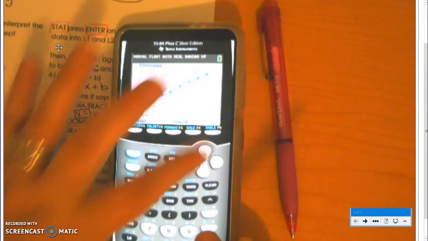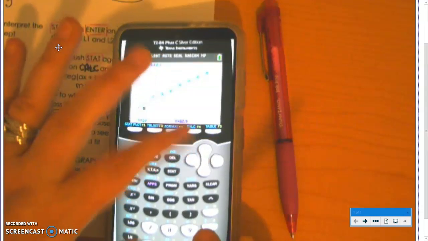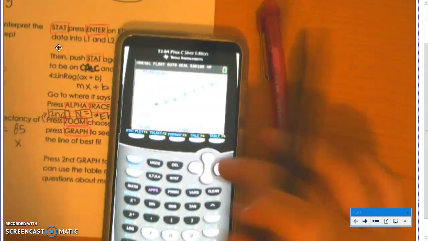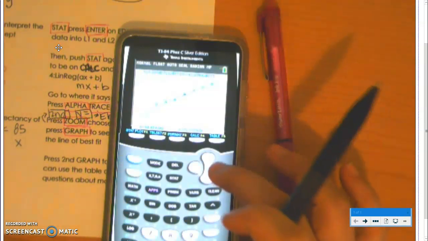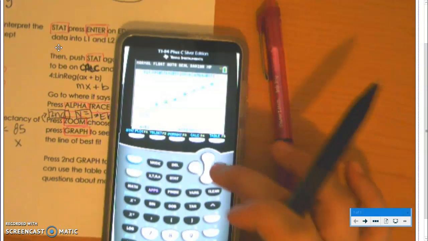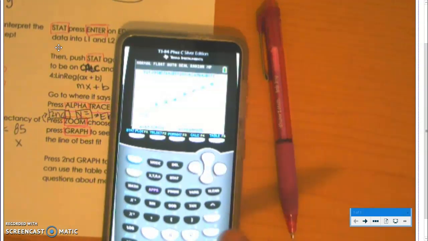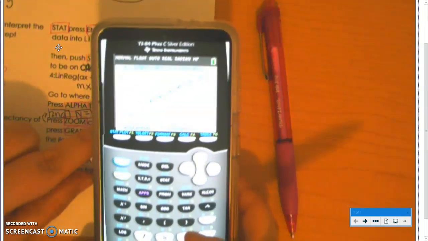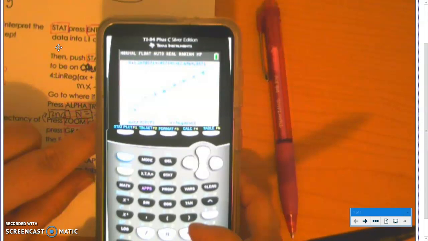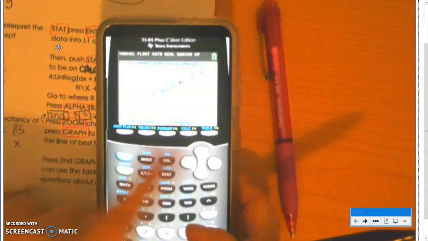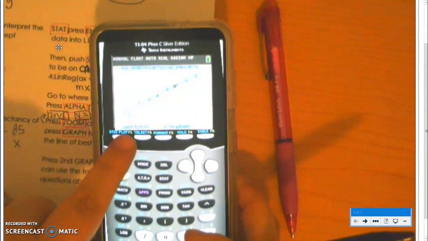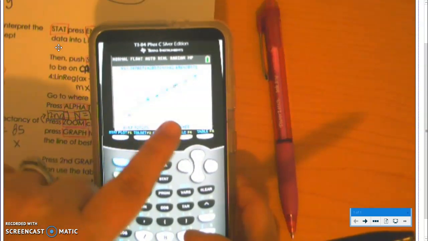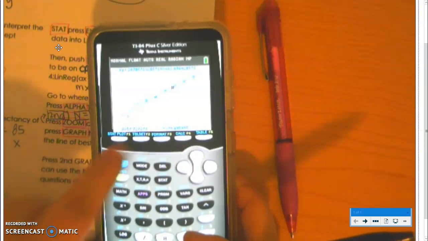And now what you can do is you can just keep pushing trace. And once you get on the line, you can just use the arrows to go up and down the line. I know it's kind of hard to tell on my screen here because it's my phone, so there's a glare. But as I'm pushing trace and using the arrows to move up and down the line, it's telling me what my X is equal to, and it's telling me what my Y is equal to. So I can use that to help me out.